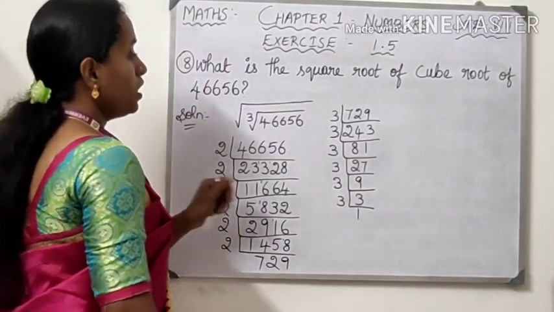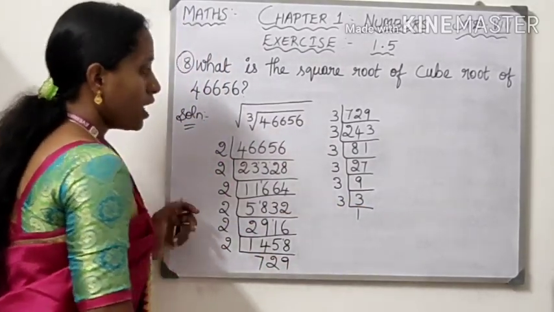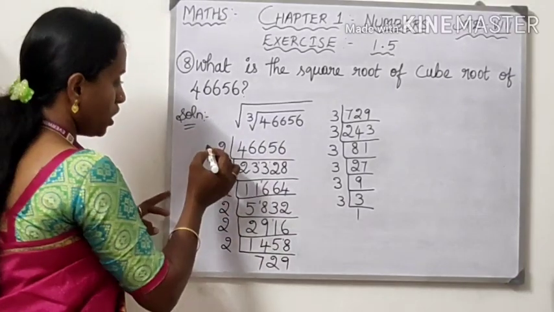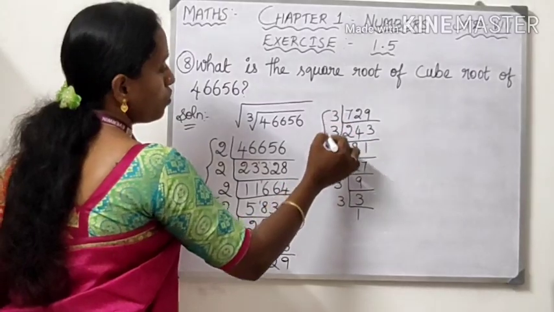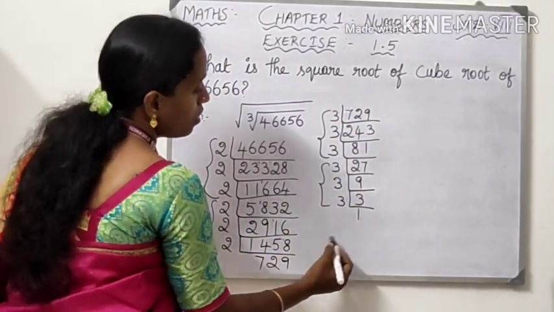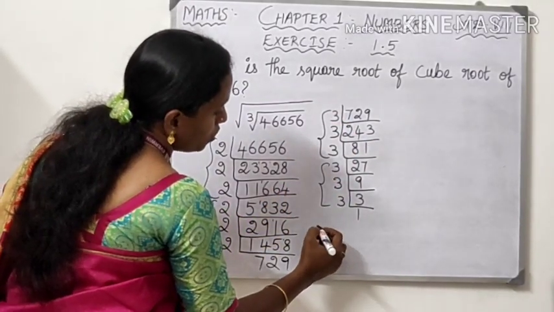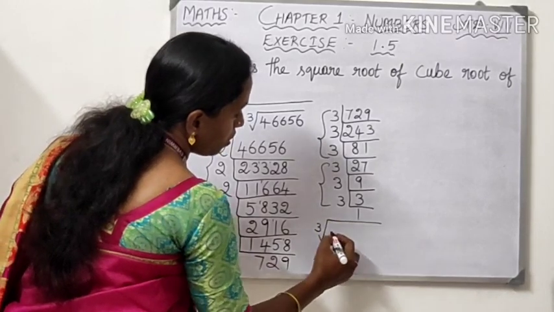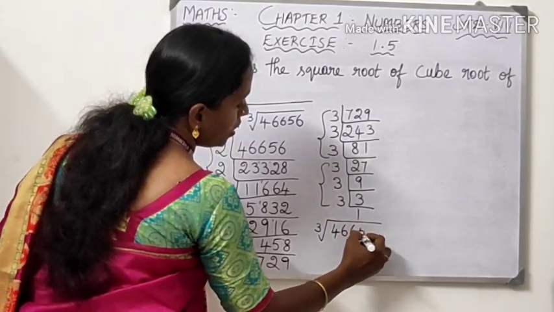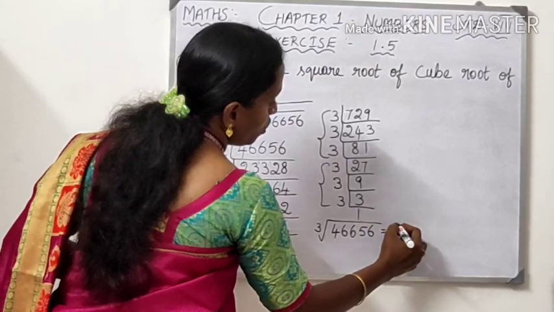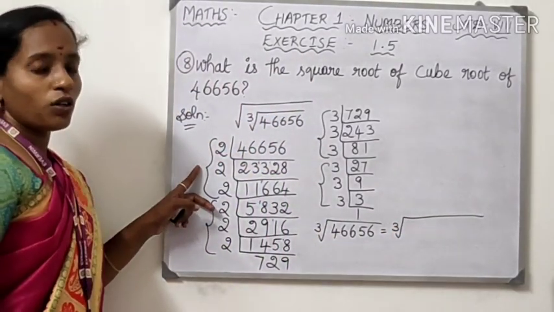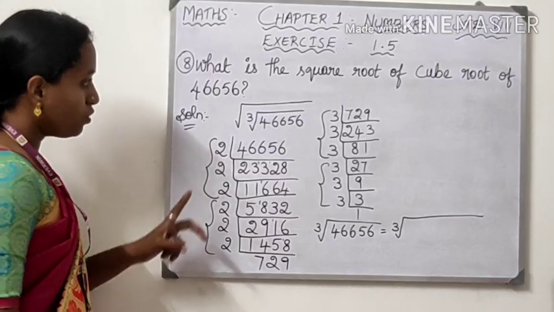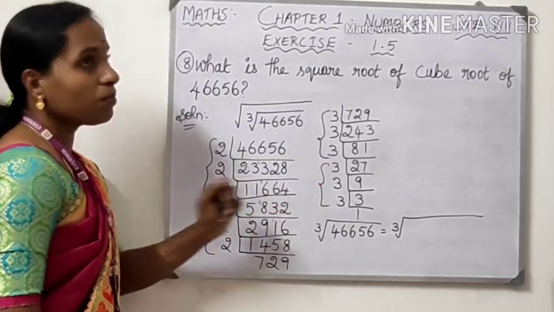So now let us combine as a triplet. So first you can check here. You can combine here itself. So we are making triplets here. So you can write cube root of 46,656 is equal to cube root of, so here triplet of 2, again here triplet of 2, triplet of 3, then triplet of 3.